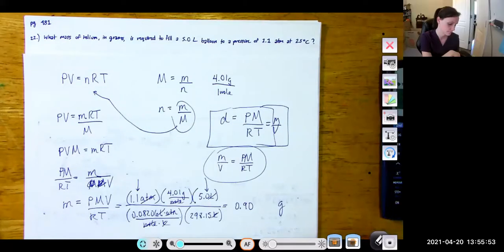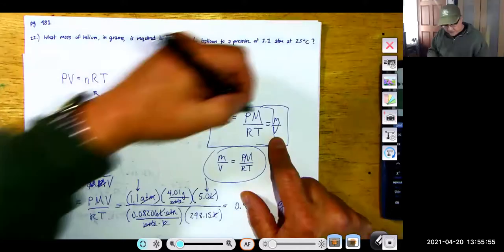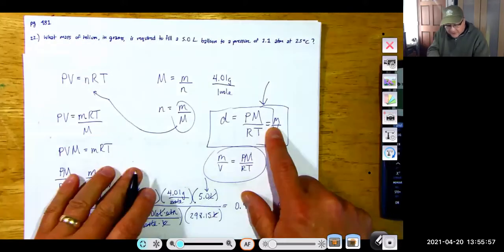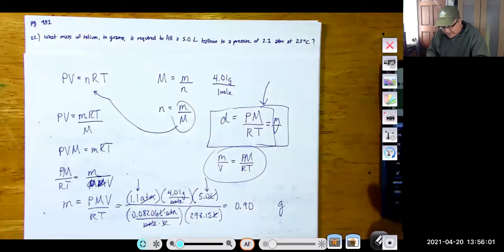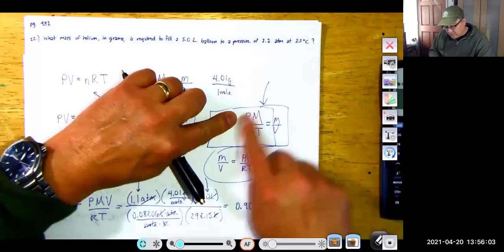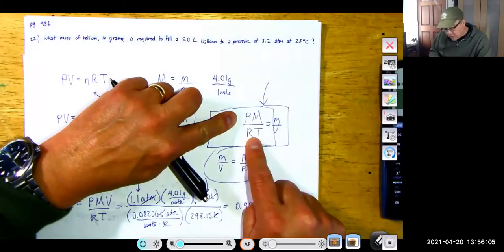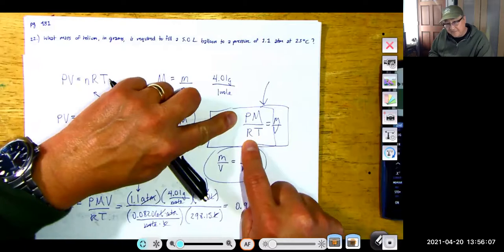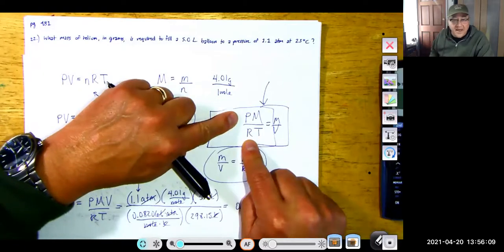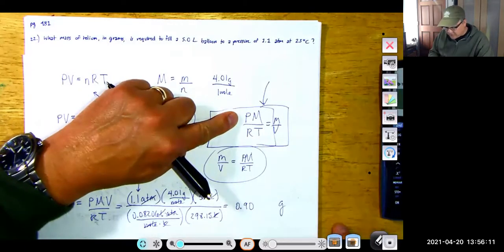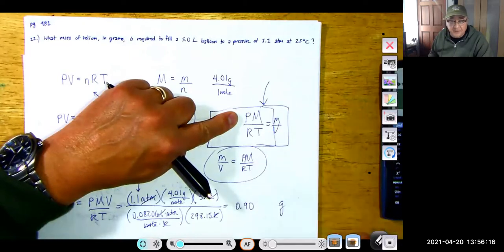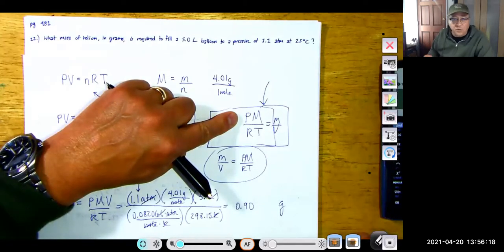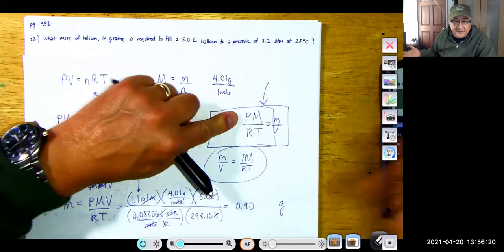But this is a real neat equation if you're given this type of information and you want to calculate any one of these five things, because R is always the same. They might say, what's the molar mass? And you just plug in the mass, the volume, the pressure, and the temp, and boom, you get the molar mass.